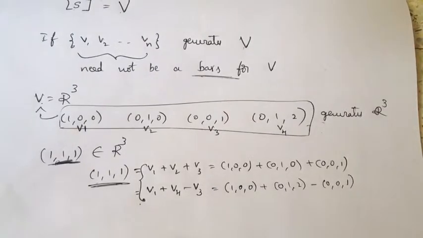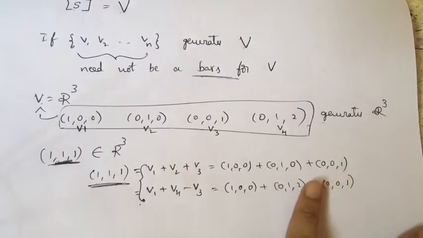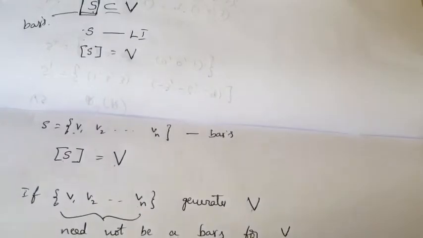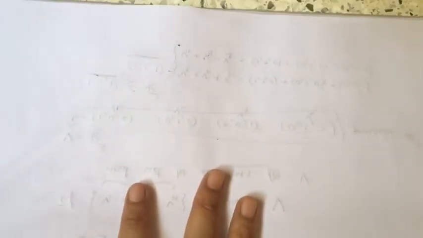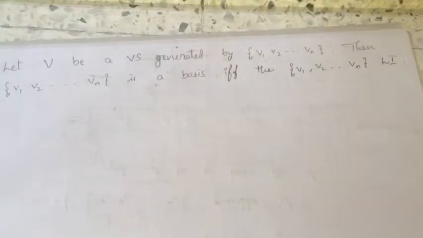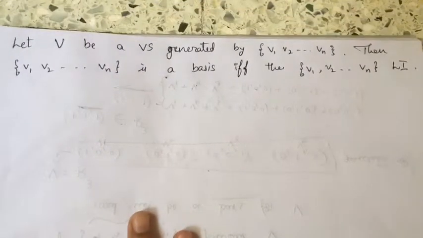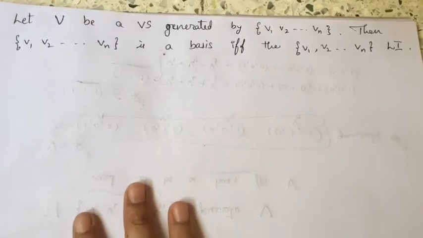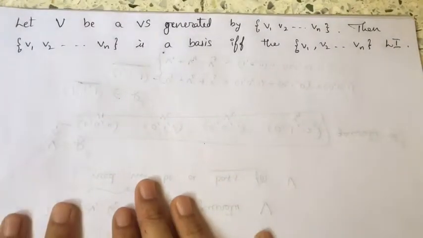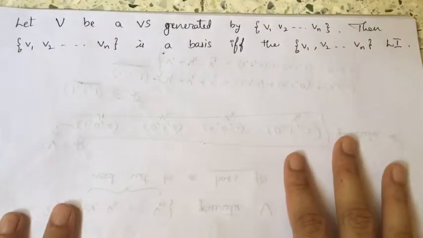So the thing is, I can say a set of vectors forms a basis if and only if they are linearly independent. So let us do the proposition. It says, let V be a vector space generated by the vectors v1, v2, up to vn.